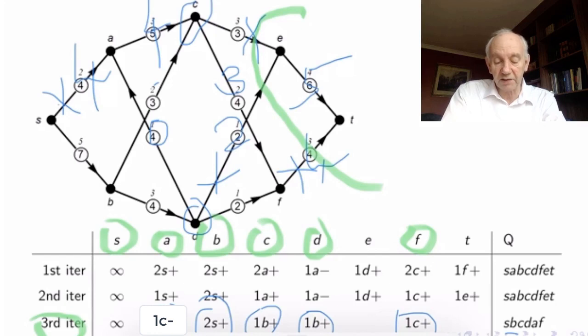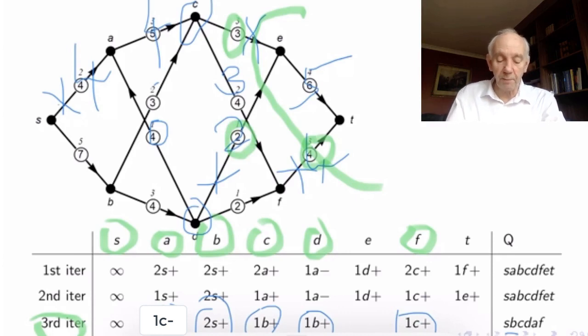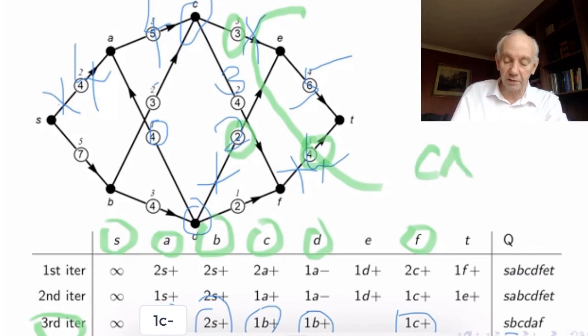What is the capacity of this cut? Well, for the capacities, we forget the flow numbers. We just look at the capacities on arcs going forward across the cut. And the capacities are 3 plus 2 plus 4. That's 9. So the capacity of this green cut is 9.